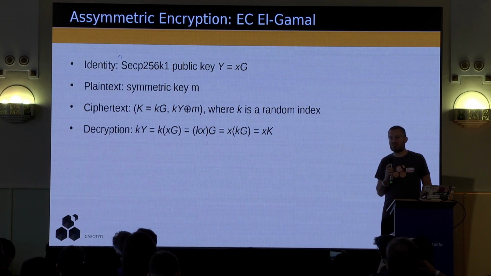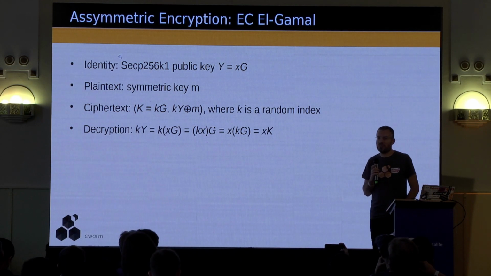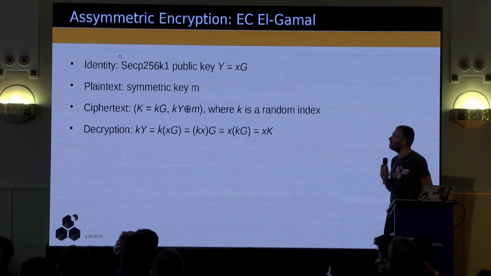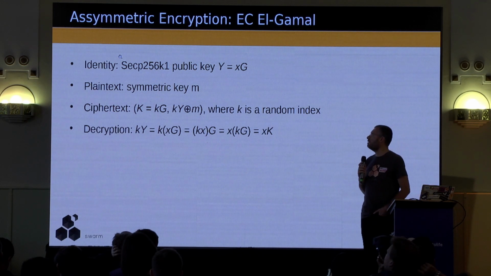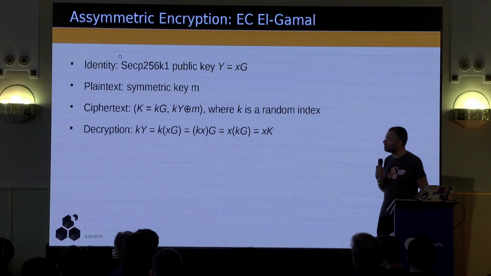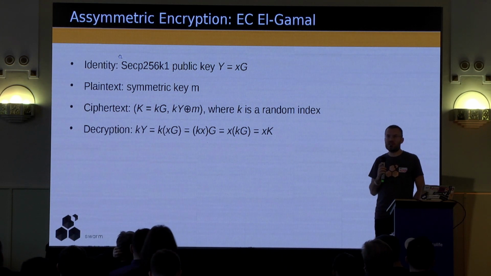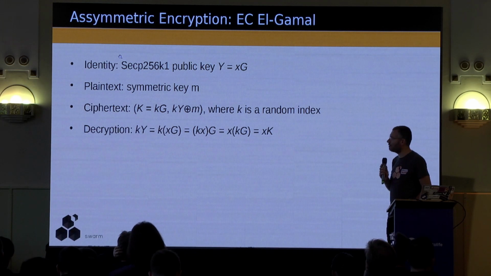Unfortunately, in Swarm, that's not enough. You actually need the public key. So you do need the point on the elliptic curve, denoted here by capital Y, which is the private key, X, times the generator element. So it's a little bit more than the Ethereum address, which is the hash of this thing.